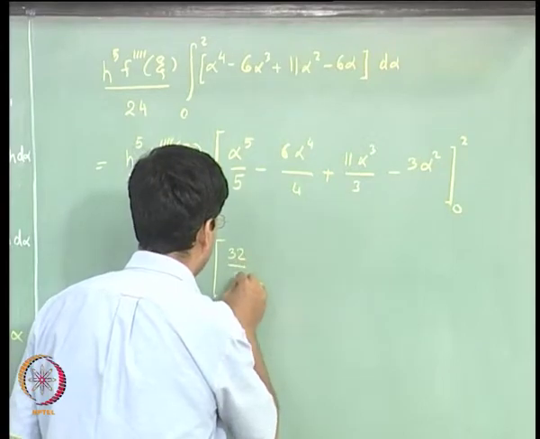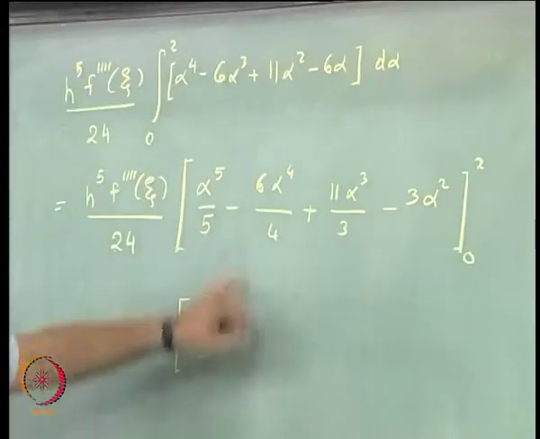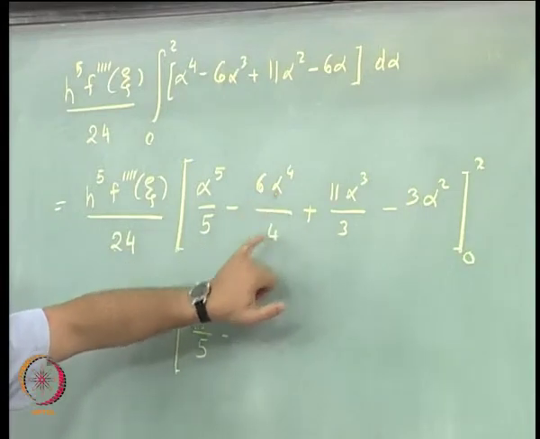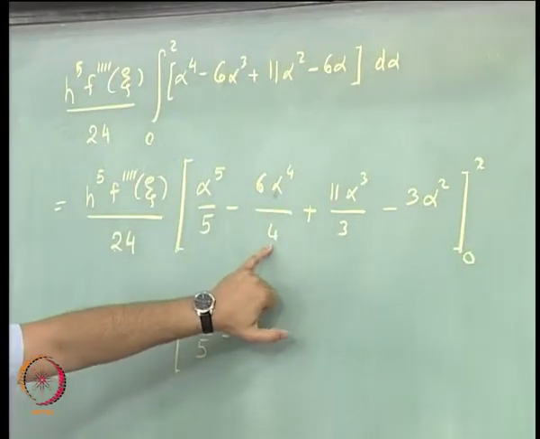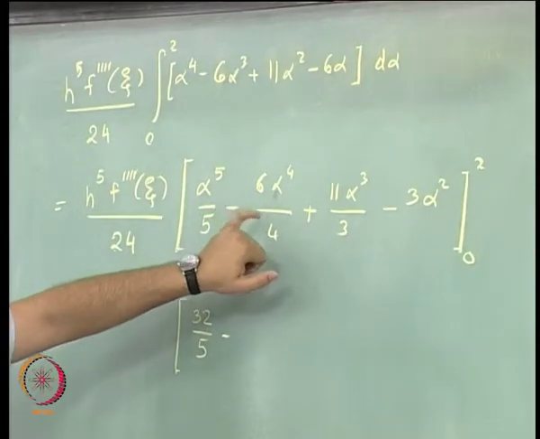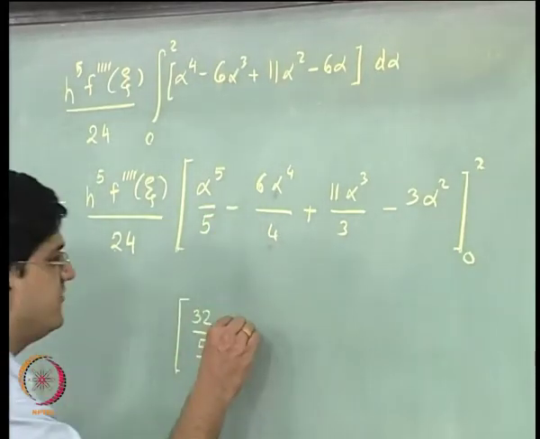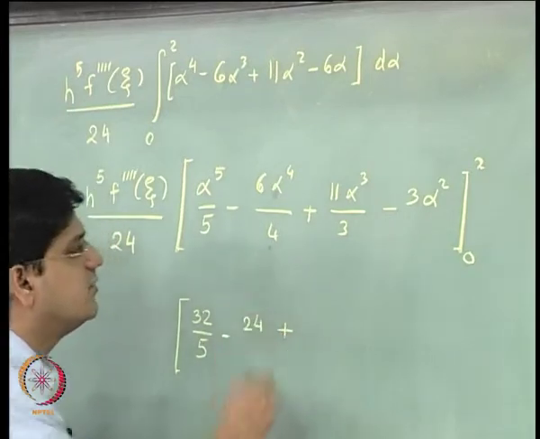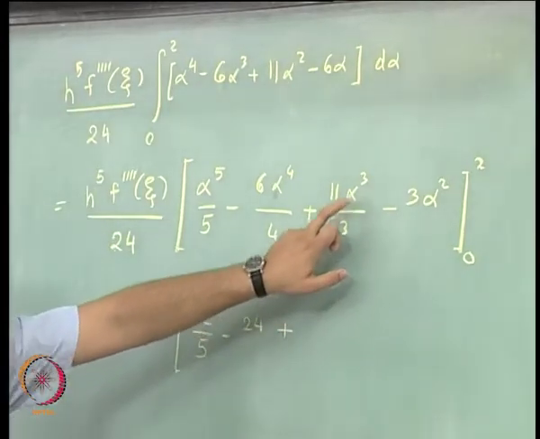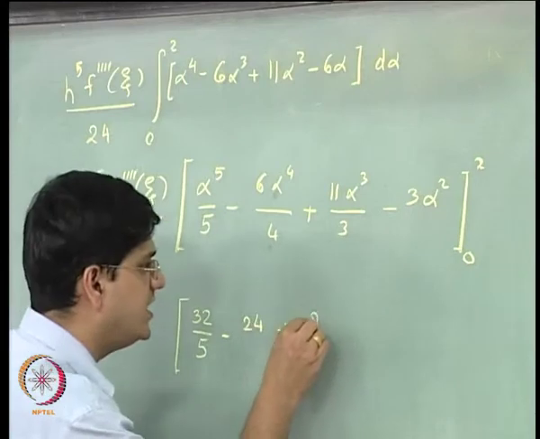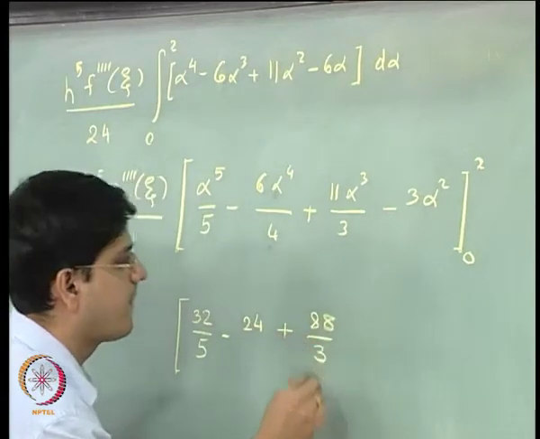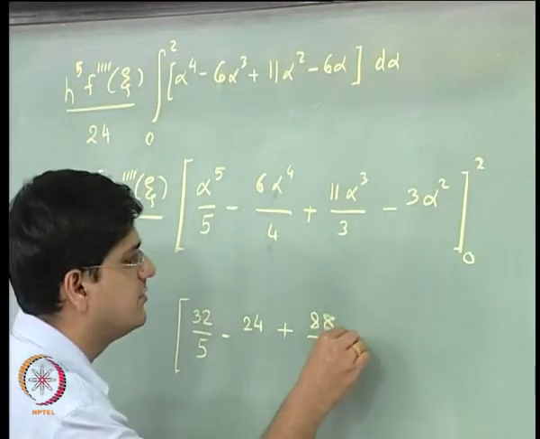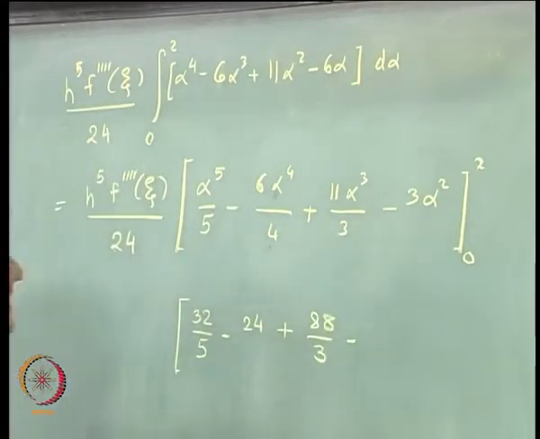So it is 32 by 5 minus 6 alpha to the power 4 by 4, alpha to the power 4 is 16, 16 divided by 4 is 4, 4 multiplied by 6 is 24. So minus 24 plus 11 by 3 alpha cubed, so that is going to be 88 by 3, and minus 3 times 4 is minus 12.